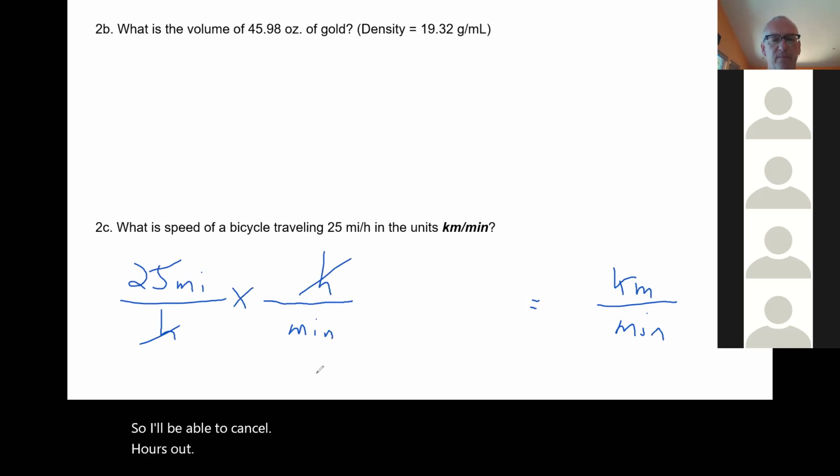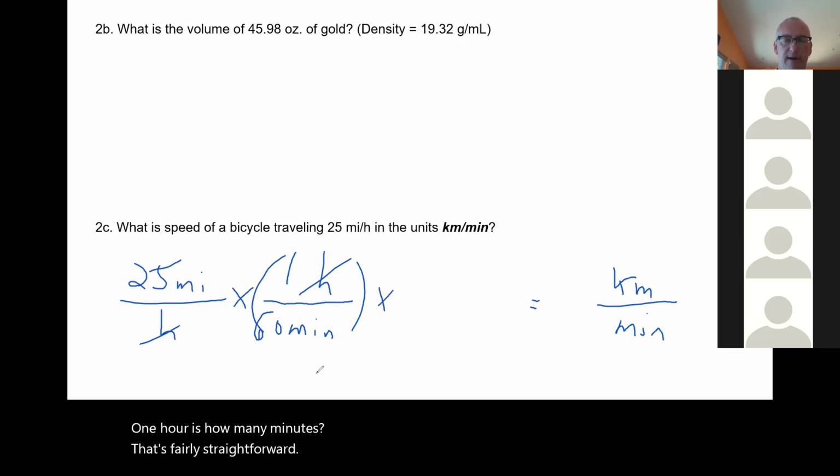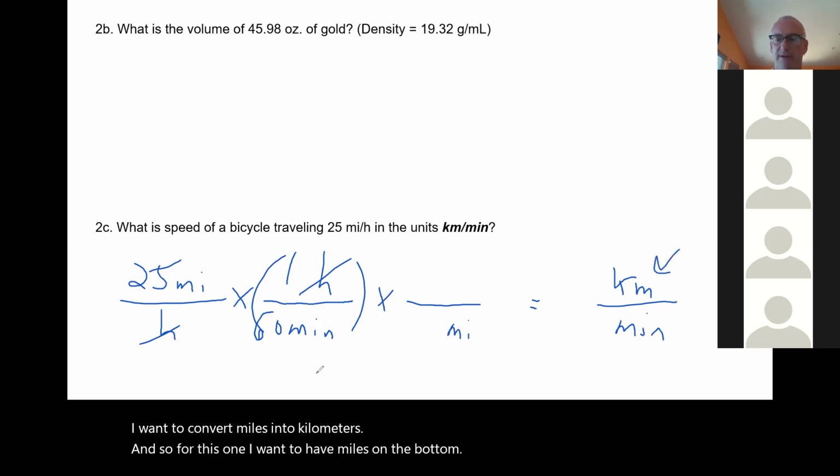So 1 hour is how many minutes? 60. That's fairly straightforward. And the other one, I want to convert miles into kilometers. For this one, I want to have miles on the bottom and kilometers on the top.